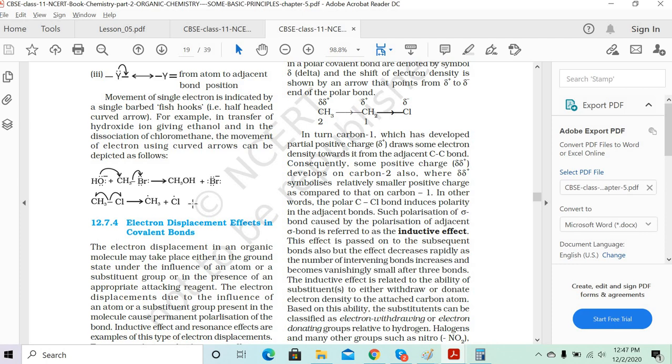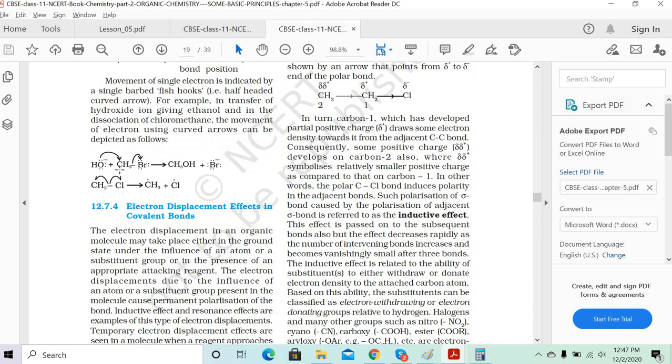Now look what happens in this case. Whatever we studied right now, we'll try to understand this part. In this reaction, you have the substrate CH3Br and the reagent OH minus. The bromine in the carbon-bromine bond is more electronegative.